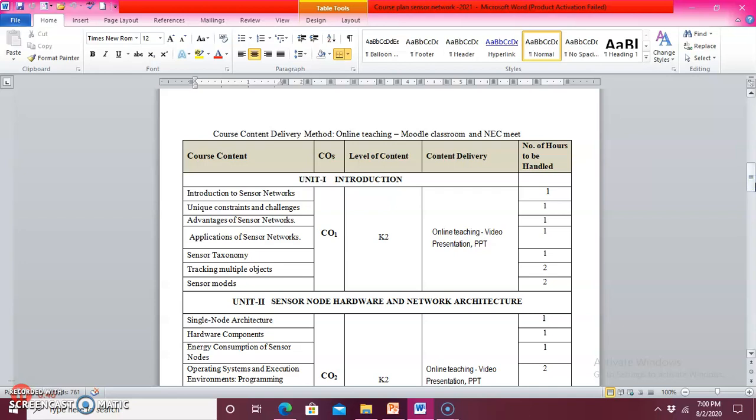For the first unit we have the introduction of sensor networks: the constraints and challenges, then advantages and applications, then taxonomy, which is nothing but the key points and keywords we use on the topic of sensor networks, how to track multiple objects, and how many models they have used.